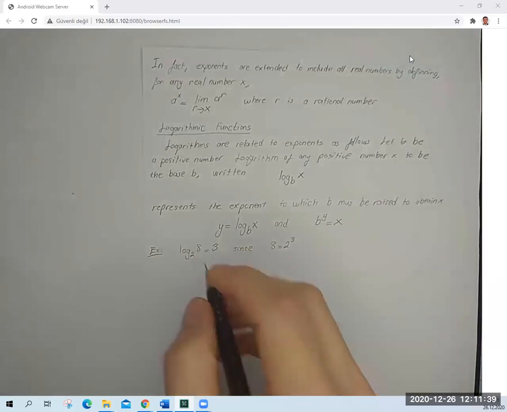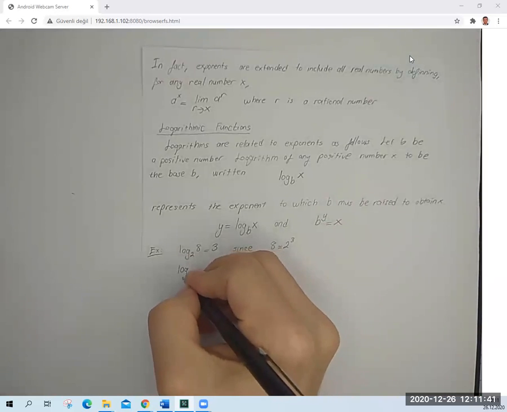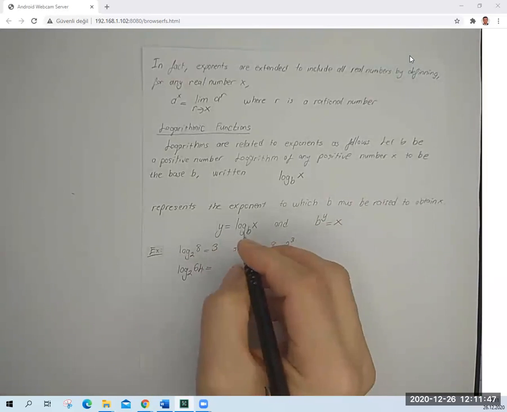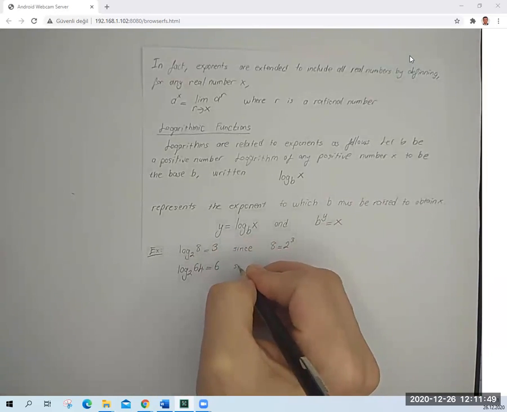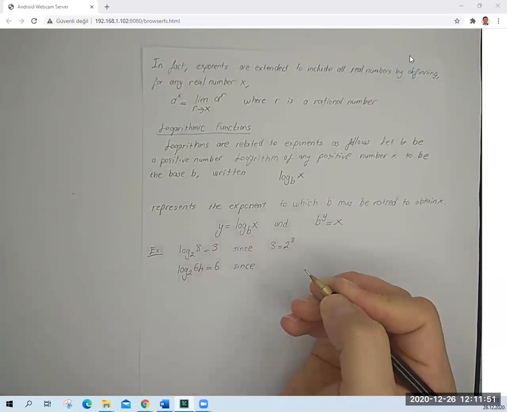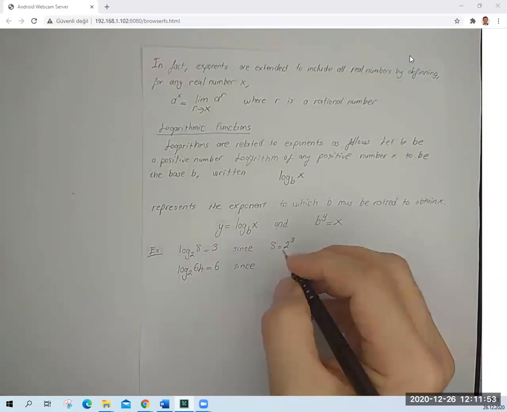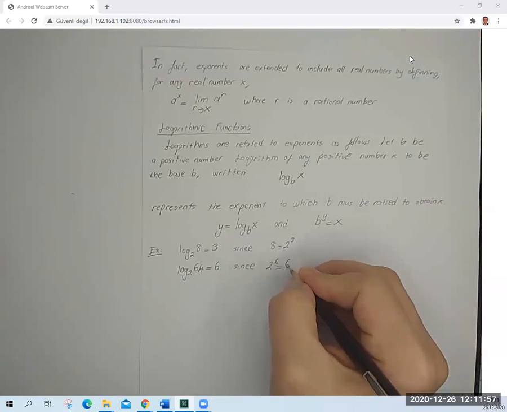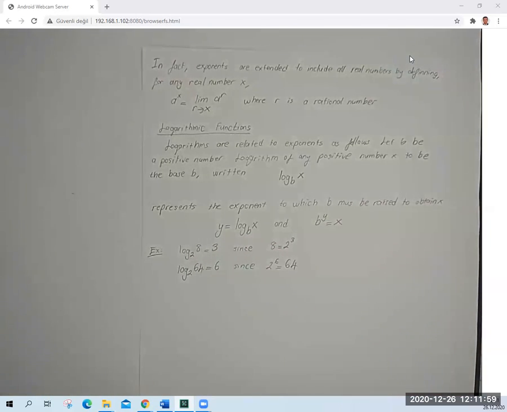If we have the base 2 logarithm of 64, it is equal to 6. So it means 2 to the power 6 is equal to 64, or 64 is equal to 2 to the power 6.